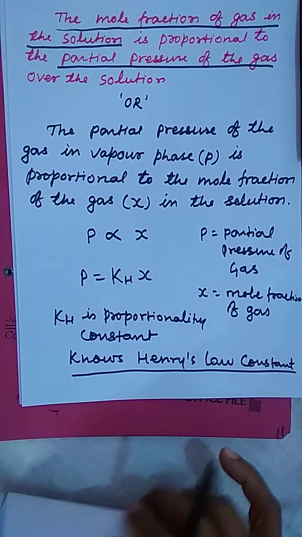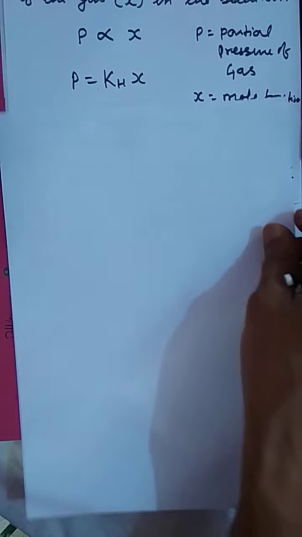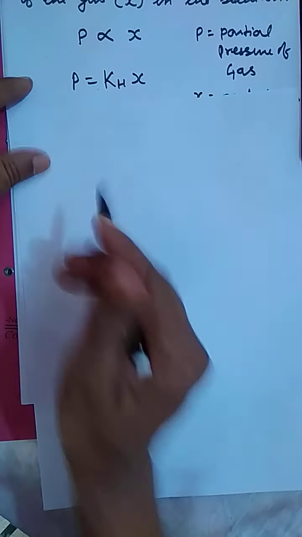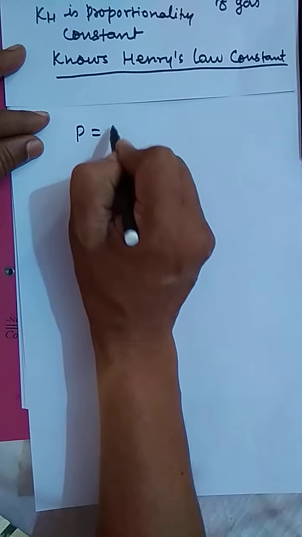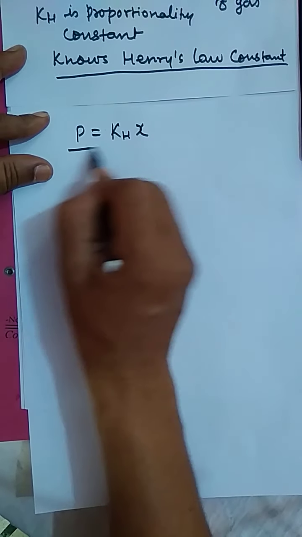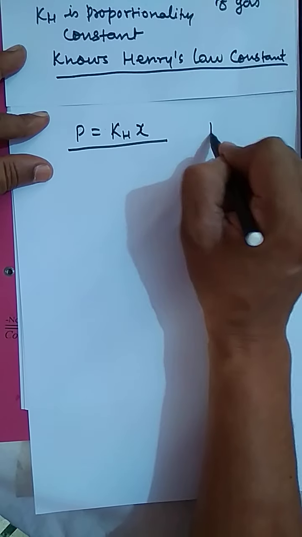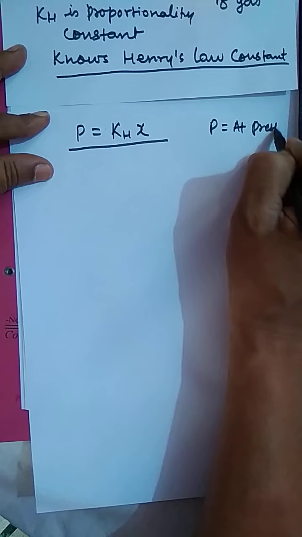One thing is there. Now we see the value of KH. We write P = KH x. Now consider atmospheric pressure; P is atmospheric pressure, you know.